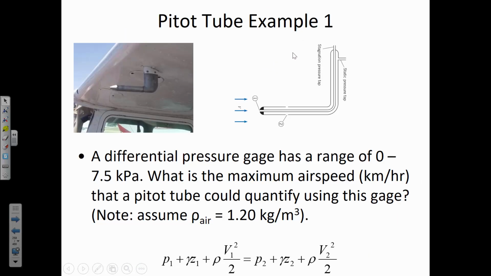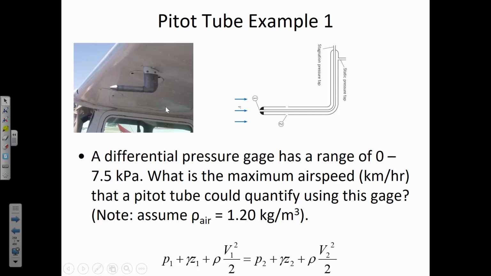Let's say that we have another gauge and the maximum differential will go from 0 to 7.5 kilopascals. What if you were asked to design a Pitot tube / pressure gauge device, and you wanted to know, well, with this gauge, what kind of maximum airspeed would you be able to measure? Is it appropriate for a Cessna, like is pictured here, that we have a rough idea of what its maximum speed is going to be?